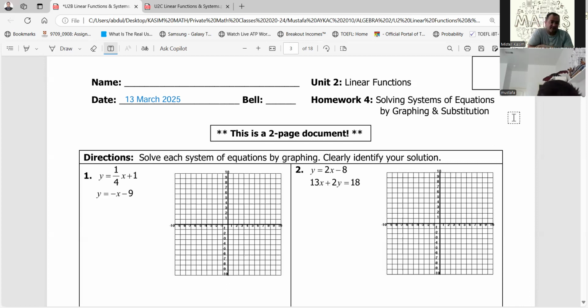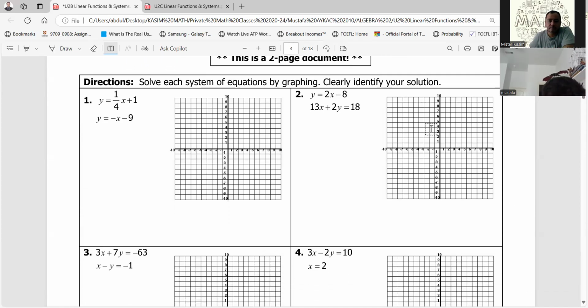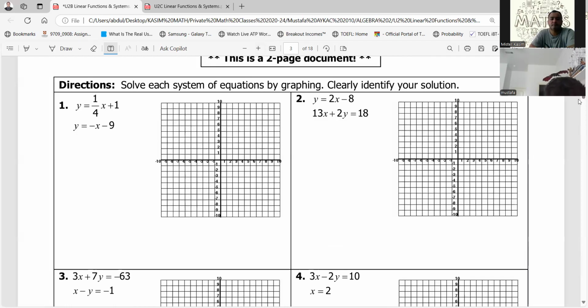Come on, Mustafa, you should be faster. I don't get how I'm supposed to do the substitution method since both equal y. I should wait.